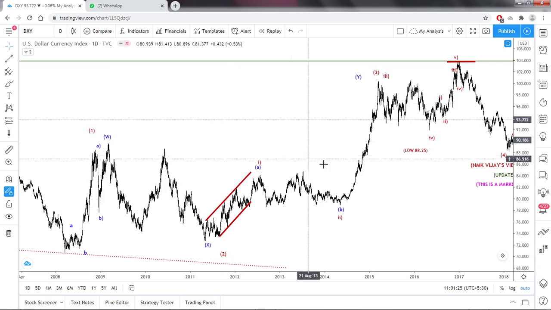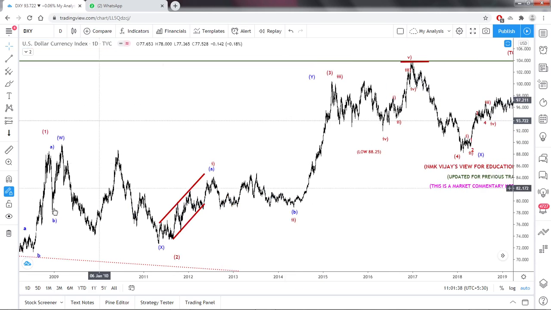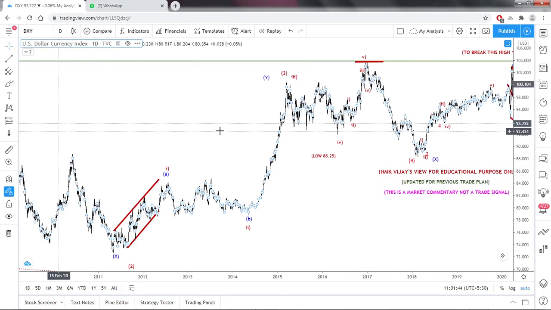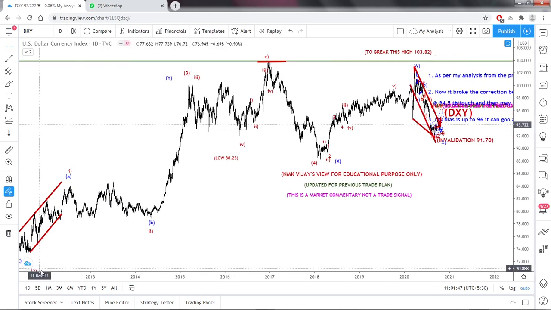So there is a lot of confusion here. A lot of people took this as a 1, 2, 3, 4 and 5. This whole 5-wave is completed, and they are looking at this as a one-sided A, B, C, but nobody is showing here. They are only looking here. This is a 5-wave structure, and now we are in that deeper correction.